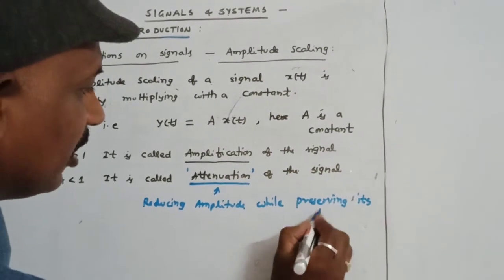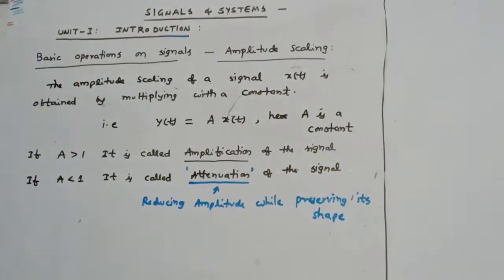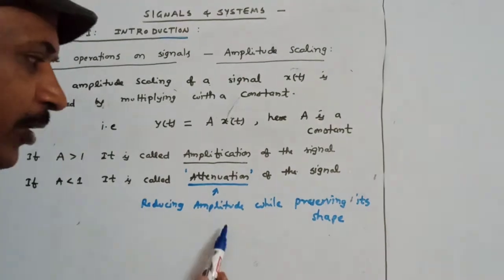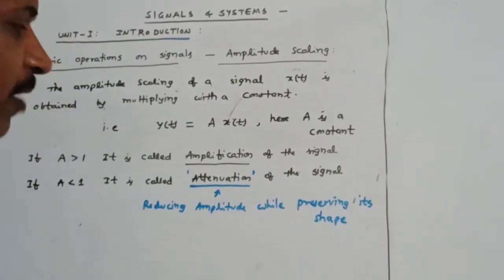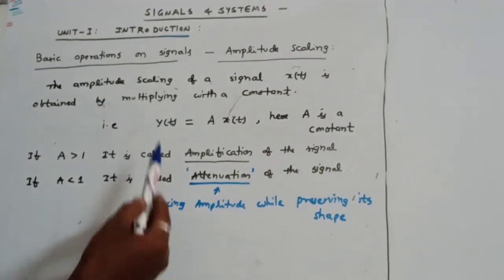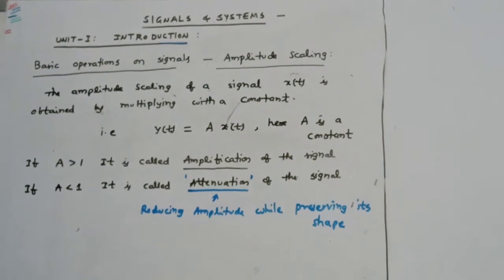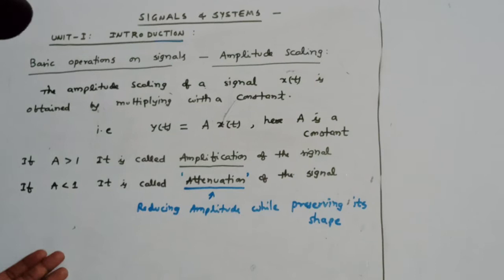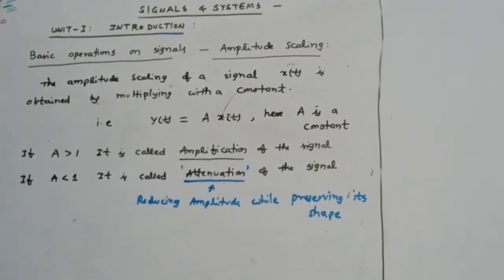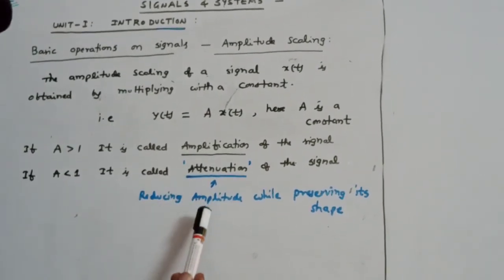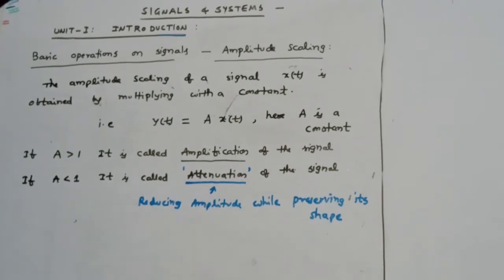Both words are very important for electronic students. Amplification is increasing the amplitude of the signal while preserving its shape. Attenuation is reducing the amplitude of the signal while preserving its shape.